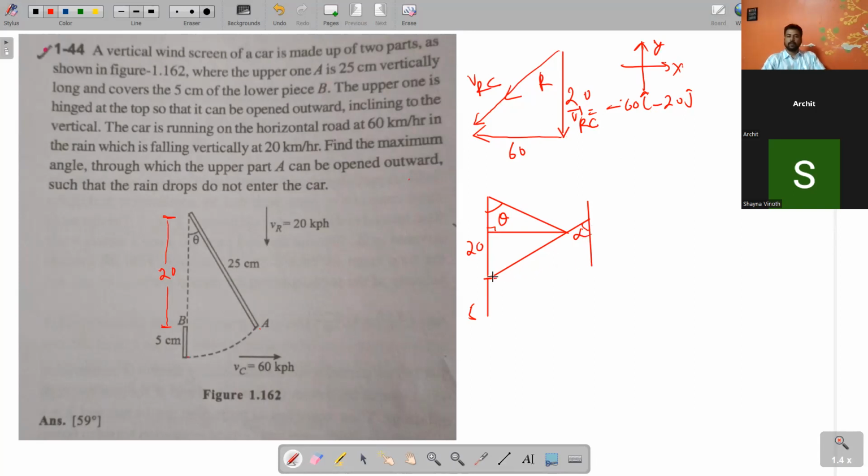This is alpha. This is 90, so this should be 90 minus alpha. And this should be 90 minus theta. So the complete angle would be 180 minus alpha minus theta.